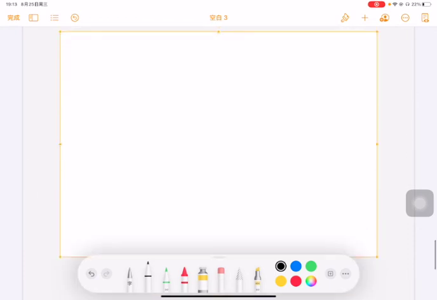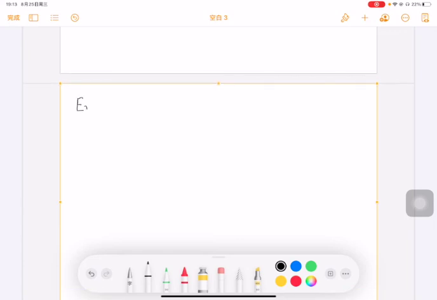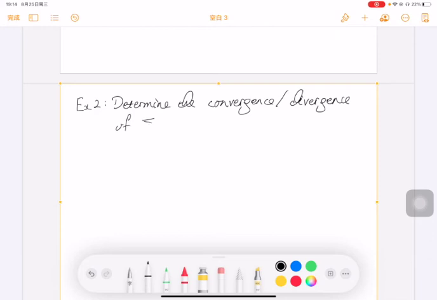Okay, let's do another problem. Exercise 2. Again, determine the convergence or divergence of the series given by the sum from n equals 1 to infinity of n divided by 2 to the n.